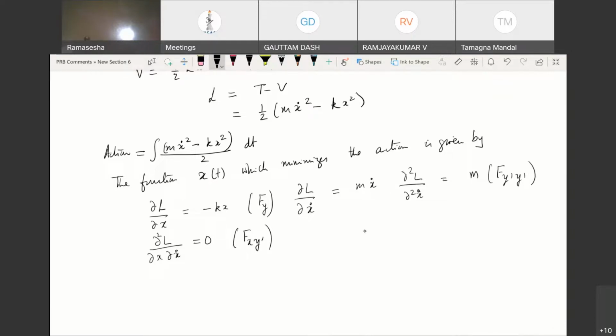And then I also have f of y prime comma y. So what is the equivalent of f of y prime? I have del by del x dot and del by del y, and that's equal to del by del x, that's equal to zero.